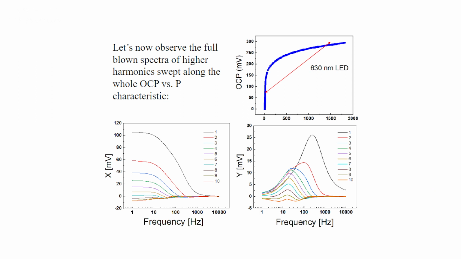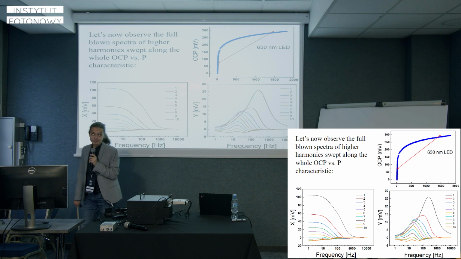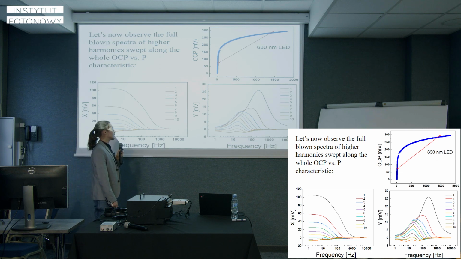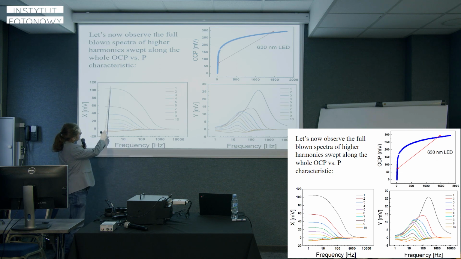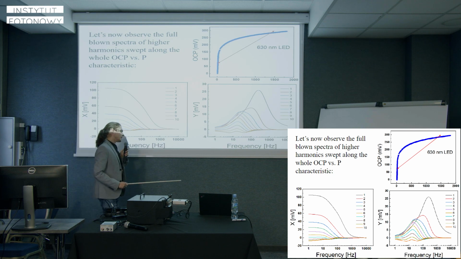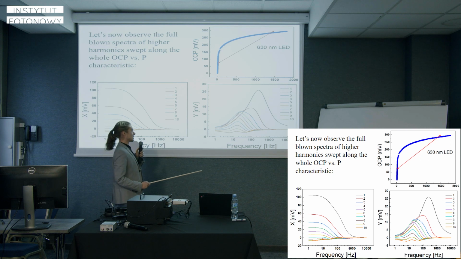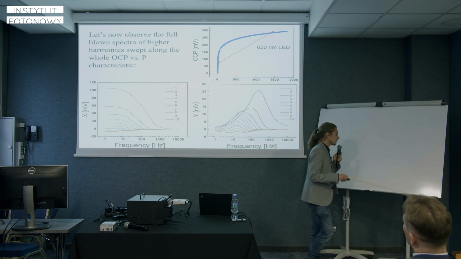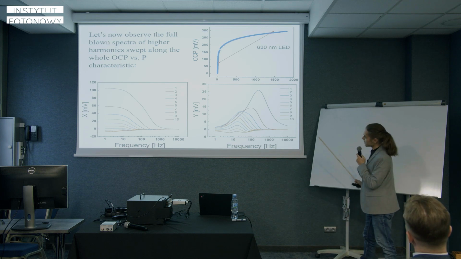Now it will not be a small amplitude, but the full amplitude, full spectrum, from the beginning to the end, full power of the LEDs, and the result is the following: we have the whole spectrum of higher harmonics, and the real part again behaves similarly to what the model predicts. The imaginary part is slightly more complicated, because higher harmonics reveal processes that are not seen by the first one alone.